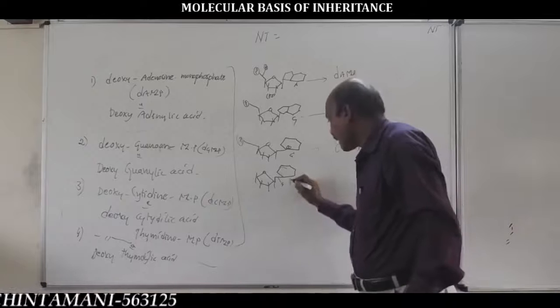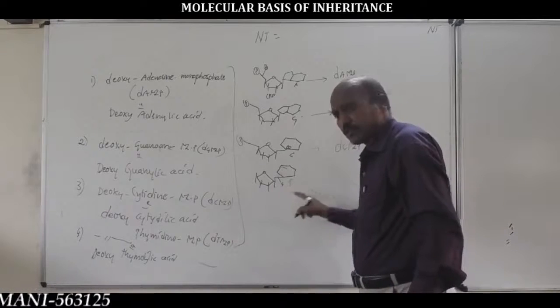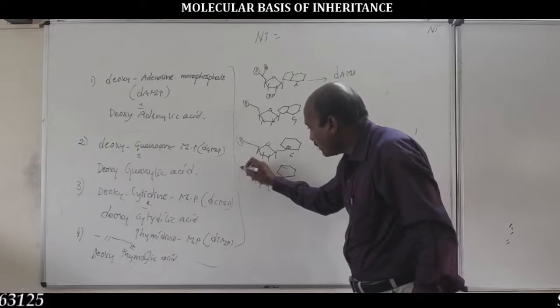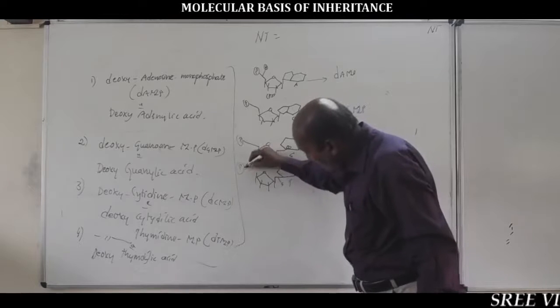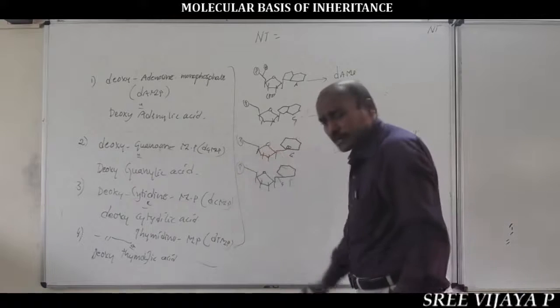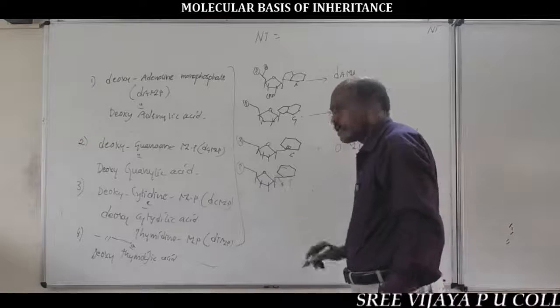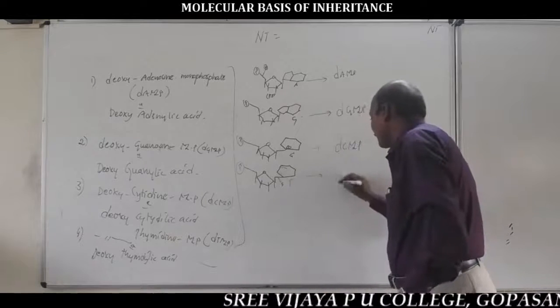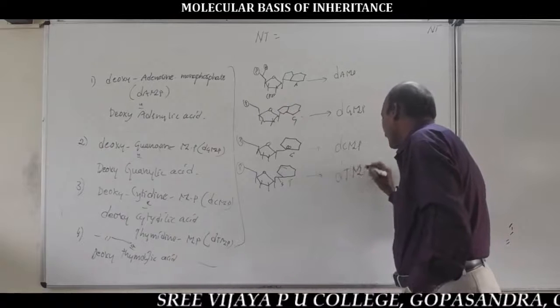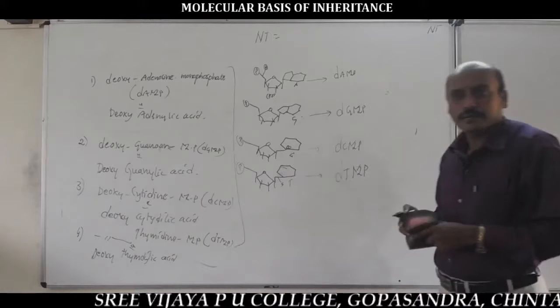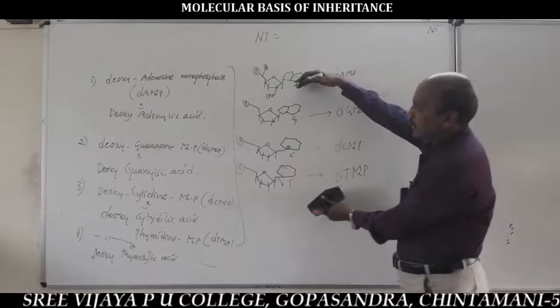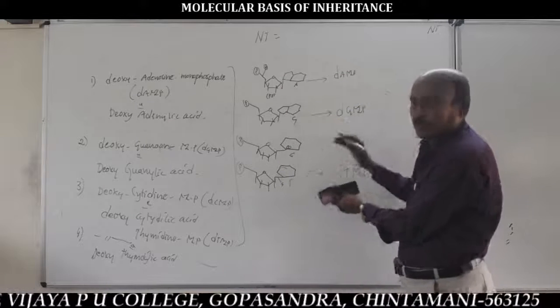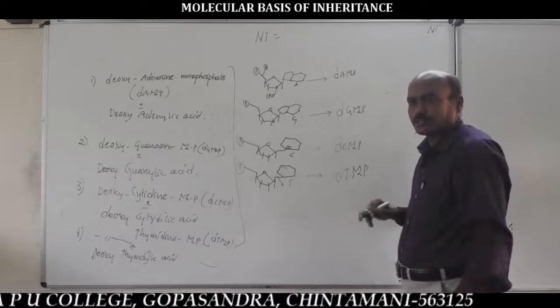And this is the thymine nucleoside. To this, the phosphate group binds to the 5th carbon atom through a phosphoester bond to form DTMP, deoxythymidine monophosphate. These are all the four different types of DNA nucleotides.